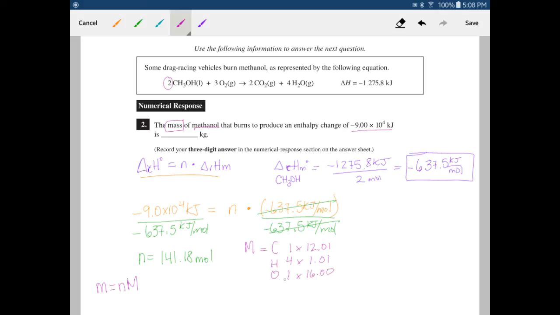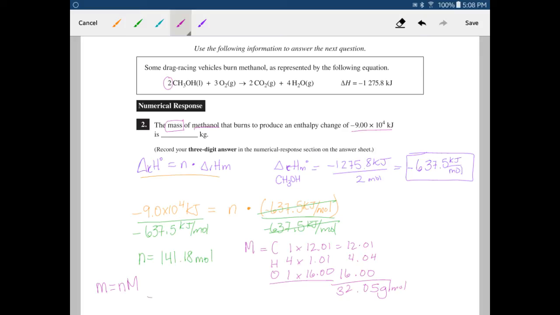Now, all these values, again, are off your data booklet, so you should be able to figure that out. So I get 12.01, 4.04, and 16.00, so 32.05 grams per mole. There we go.